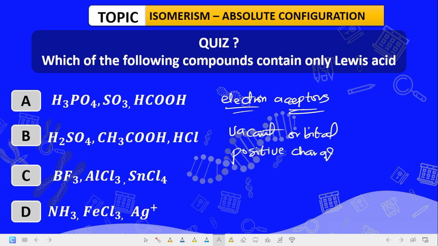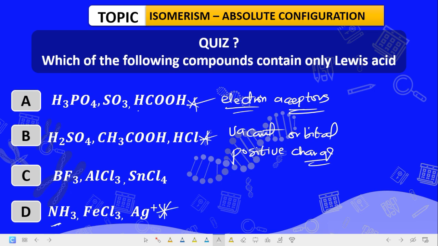Either they have a vacant orbital or a positive charge. So if you look at these ones, they are not Lewis acid. Are you getting it? We are looking for the one that is only Lewis acid.